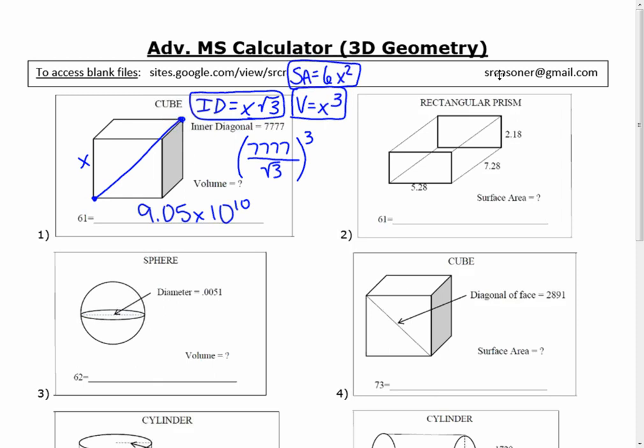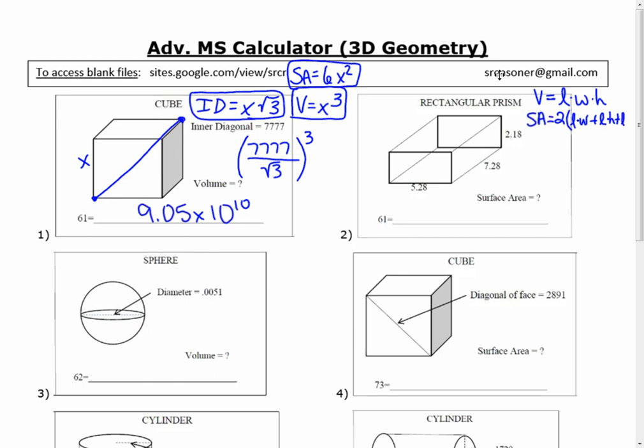For problem 2, we're looking at a rectangular prism. For volume of a rectangular prism, that's just length times width times height. But if we're dealing with surface area, like we are here, we have 3 different types of faces, and every one of them shows up twice. So we'll have 2 times length times width, plus length times height, plus length.